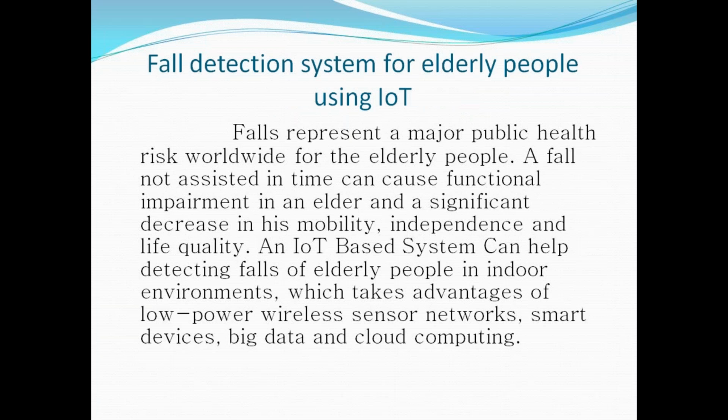Then a fall detection system. To implement fall detection, we can use a simple tilt sensor, which is not that effective, but the most effective technique is a three-axis to six-axis gyroscope.